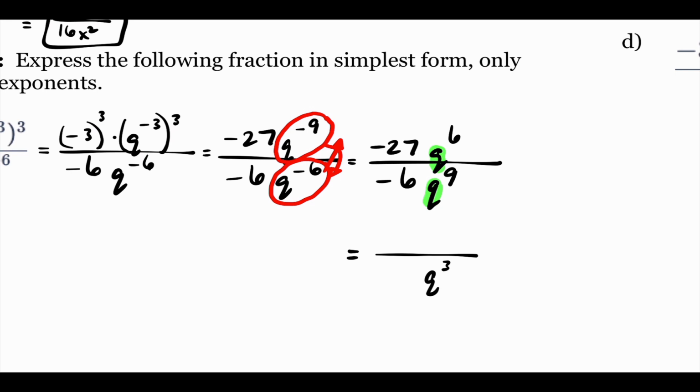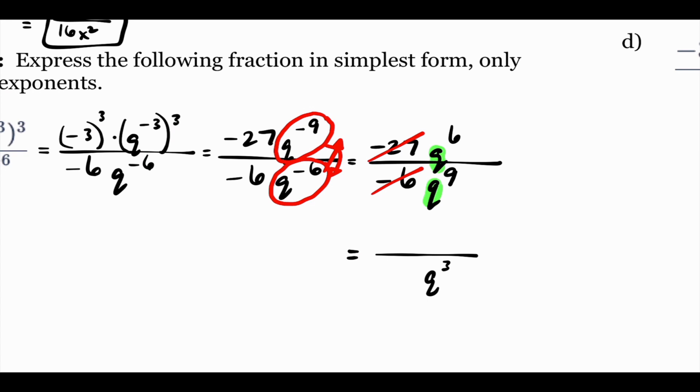Okay. Negative 27 and negative 6, those are regular numbers. Can I simplify those? Negative 27 and negative 6? I can divide them both by what? What's the GCF, the biggest number that goes into both? Negative 3. They're both negative, so I'll divide them by negative 3.